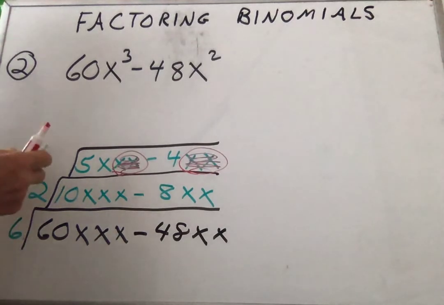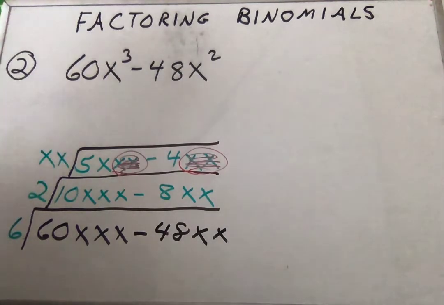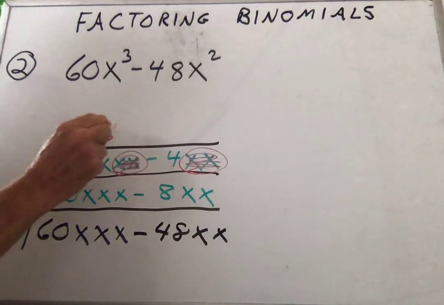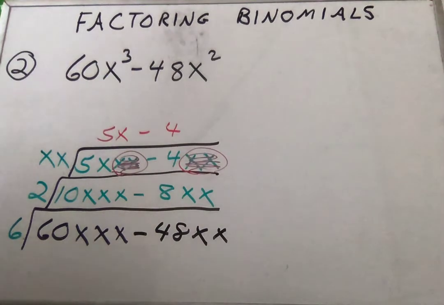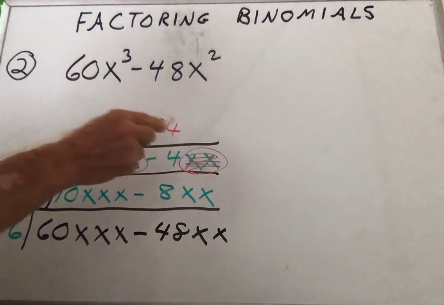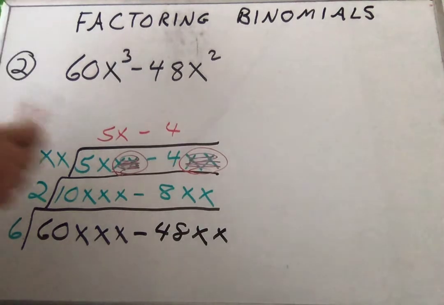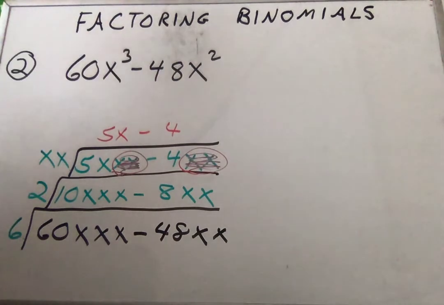So now I finish. I am going to rewrite this. What I write has to be equal to this, but look different. And it's called completely factored. Okay? So what I am going to do here is outside. So here's your GCF. 6 times 2 times x times x.